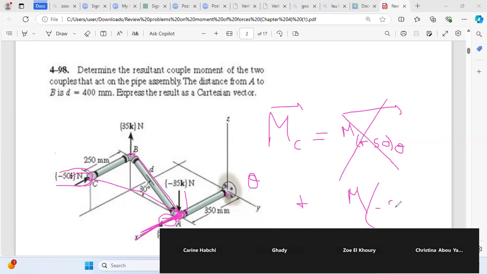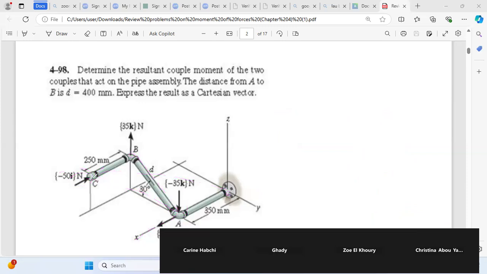Okay, now how do you get the moment of a force about a point? Either you do OC vectorial minus 50i, the vectorial product, or, because this force is really simple and parallel to the x-axis, you use the right hand rule.